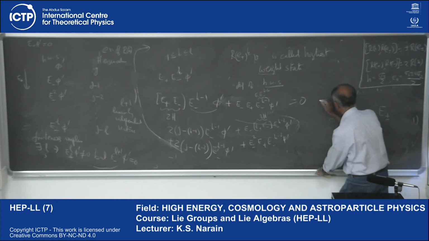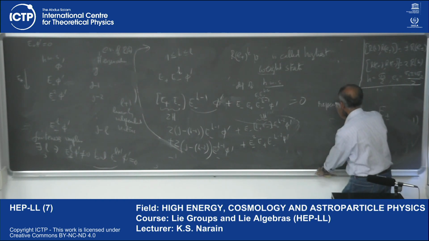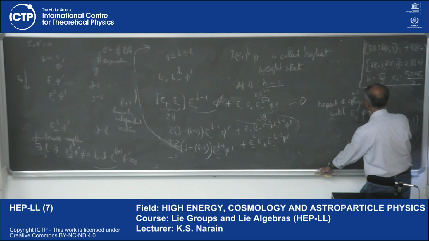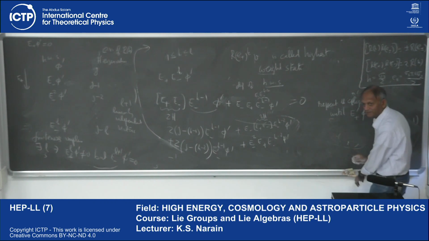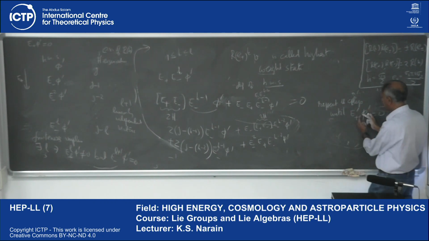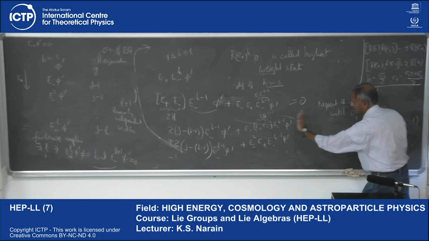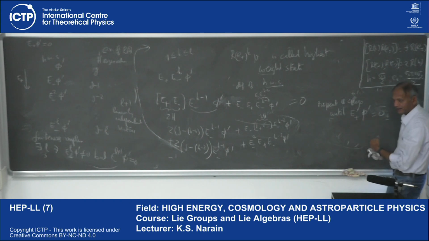So repeat the steps until E plus directly acts on phi prime. In this case, it is 0. There are no E minuses in between. All the E minuses have been moved to the left, and E plus is also there.